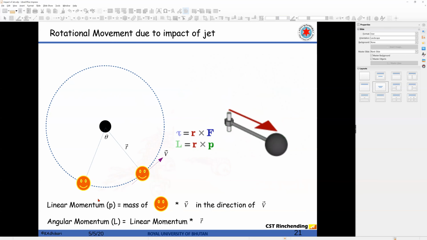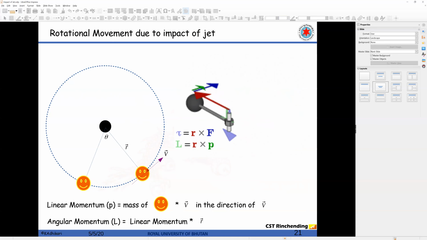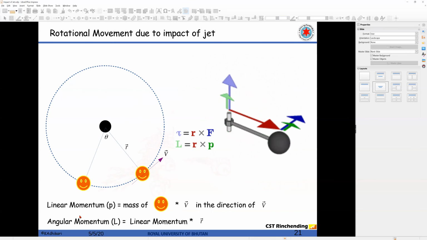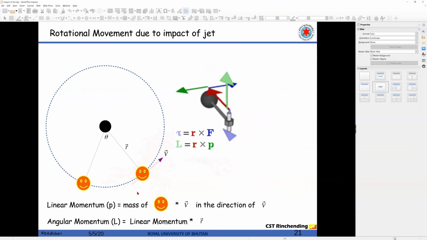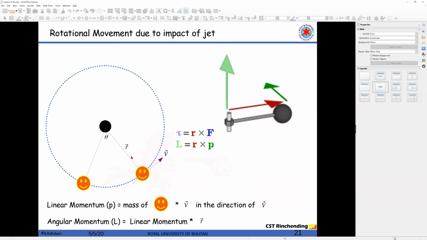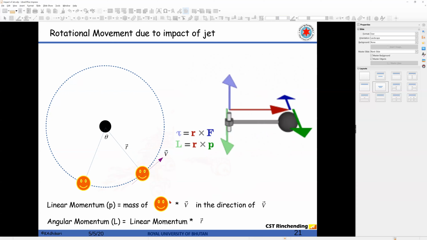Then its linear momentum at any point would be its tangential velocity v times the mass, right? That is the linear momentum. The angular momentum would be the linear momentum times the vector r, that would be the angular momentum.